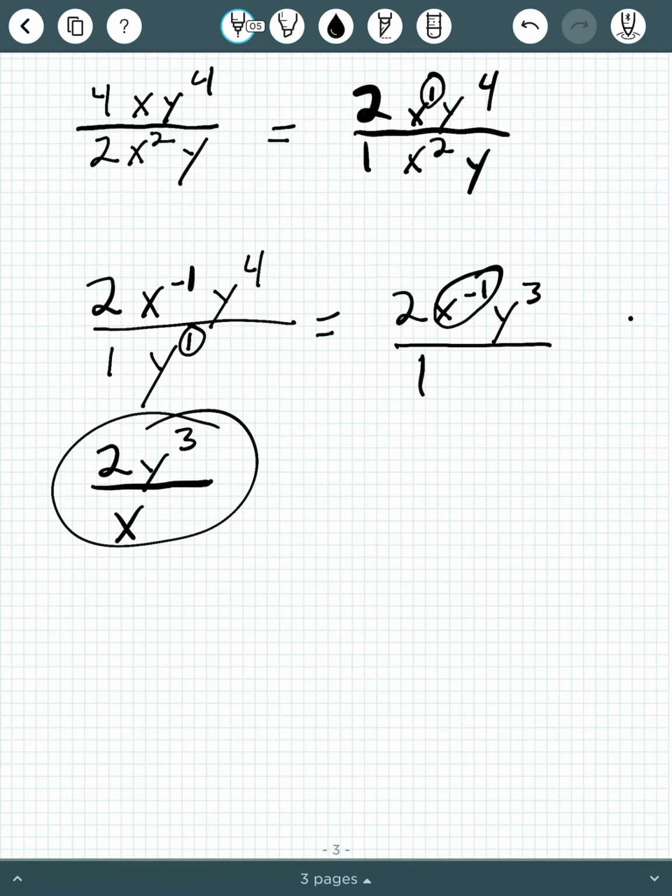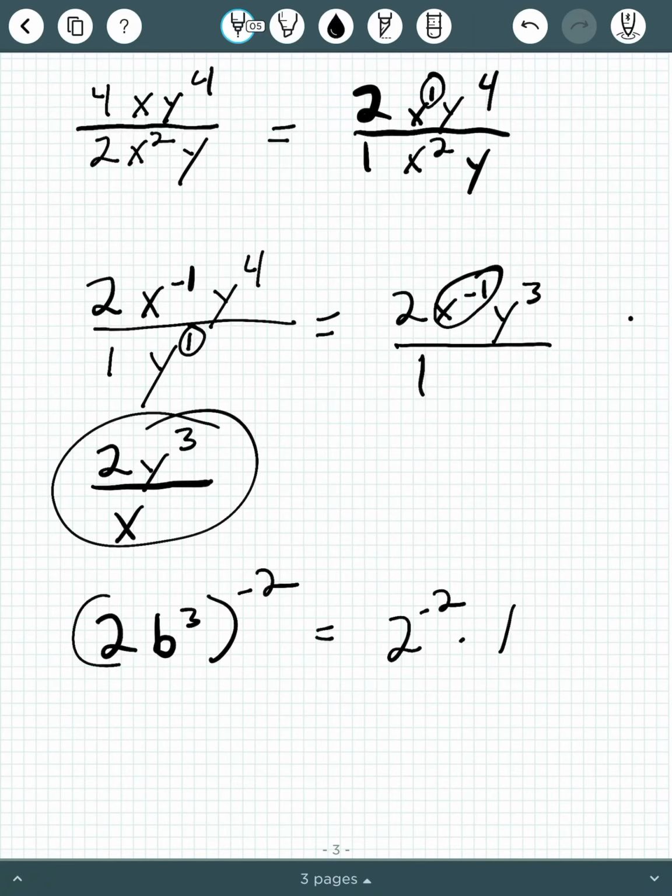Other things that we might run into, something like 2b cubed all to the negative second power. Well, that's equal to 2 to the negative second multiplied by b to the negative sixth. And then to make that positive, I could write that as 1 over 2 to the negative second times b to the negative sixth, or 1 over, oh boy, what's 2 to the negative?